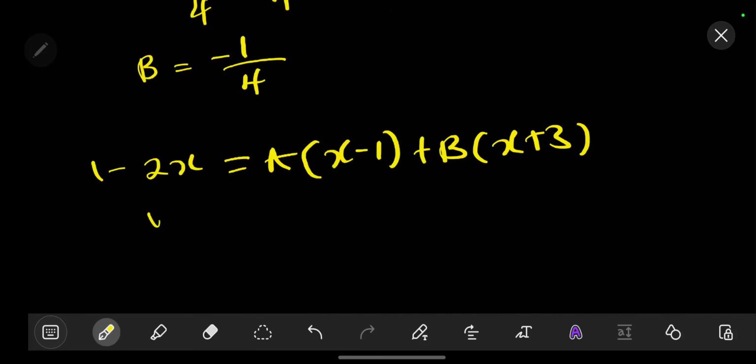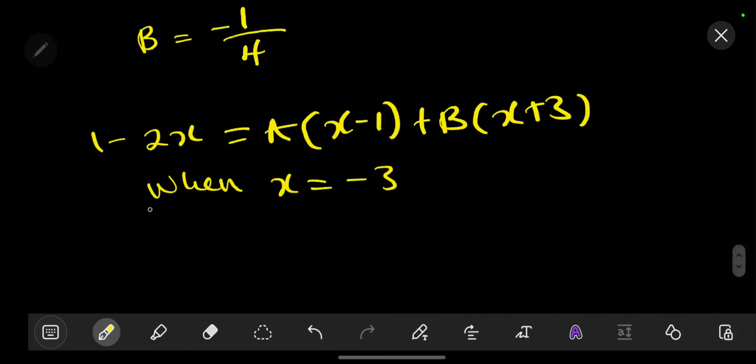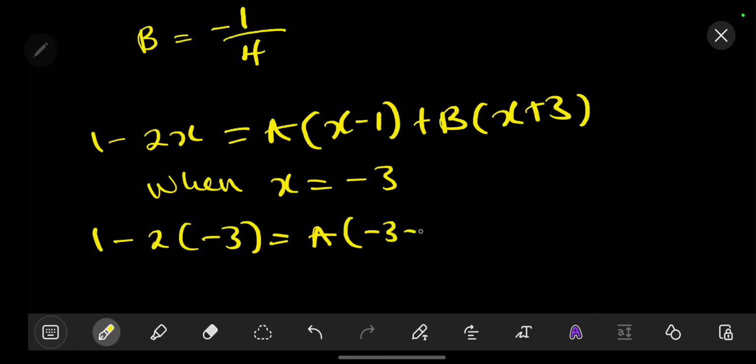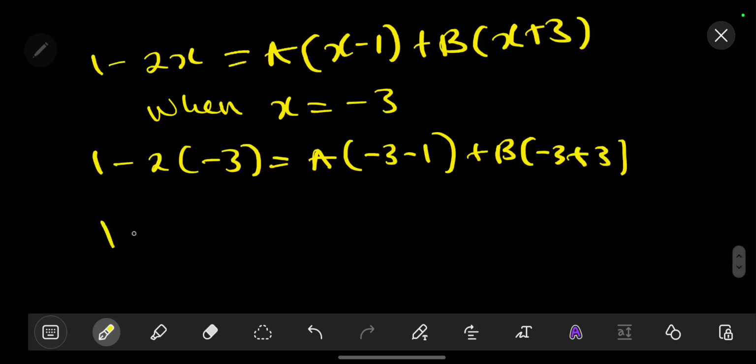For the second part, we are going to say when x is equal to negative 3, we are going to have our 1 minus 2, we have negative 3 should be equal to a, negative 3 minus 1, so that this goes, so we have plus b, negative 3 plus our 3, this is going to give us a 1, plus we have our 6 like that, should be equal to negative 3 minus 1, that will be equal to a negative 4 like that.